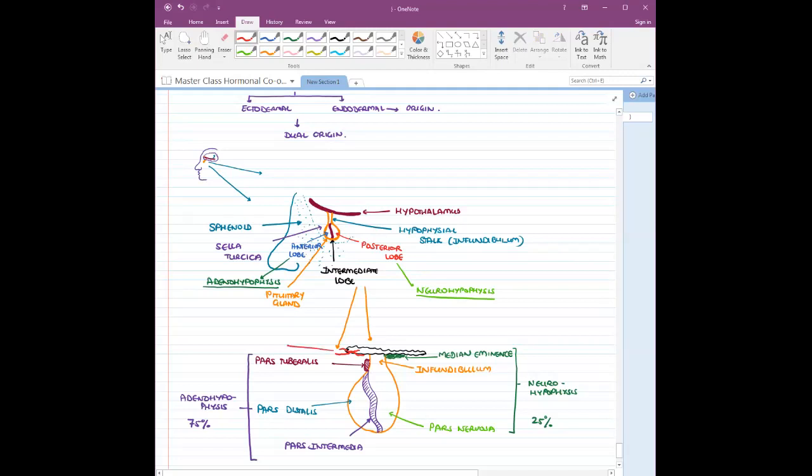We call this X-shaped structure the optic chiasma. This is the place where your optic nerves cross over one another. So the location of your pituitary gland is hanging from the base of your hypothalamus, behind the optic chiasma.